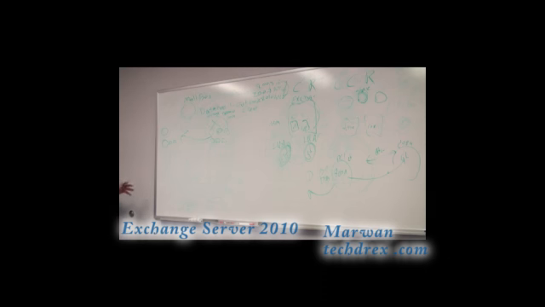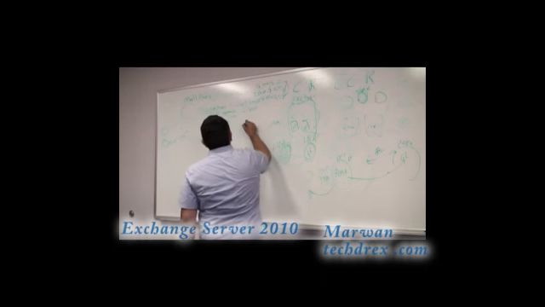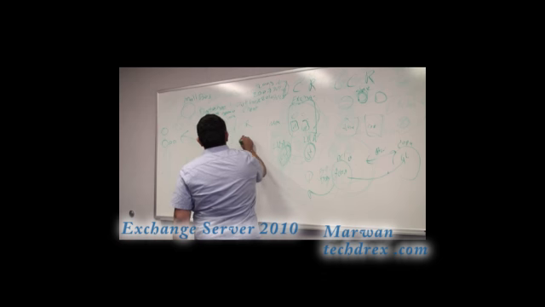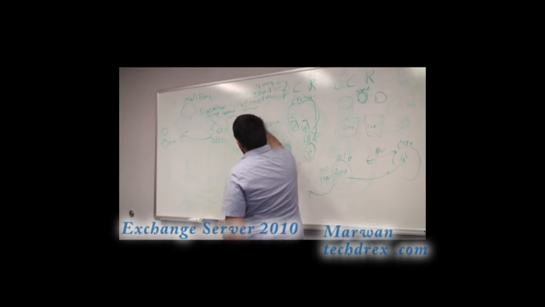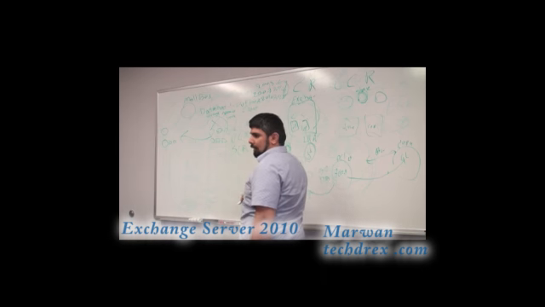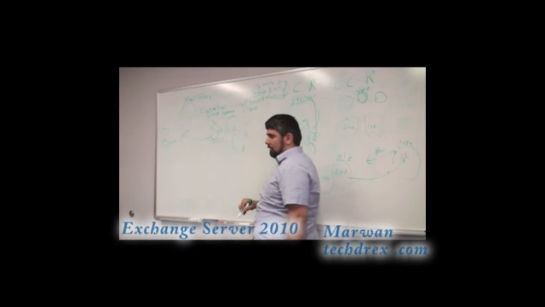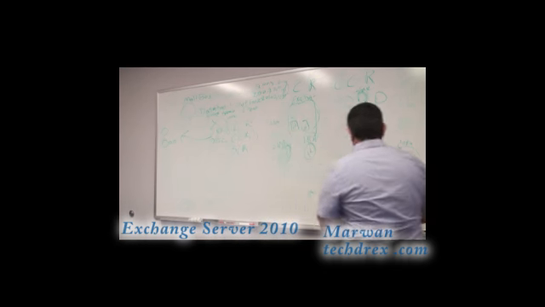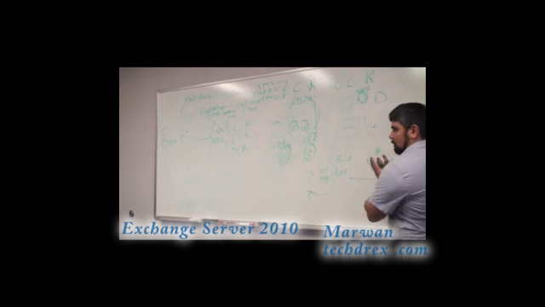The second thing they did, if you remember, we had local continuous replication, cluster continuous replication, and standby continuous replication. And this is no good because there's no clustering in it, so it's really useless. These two need a cluster, and as I said, if you want to change your infrastructure from what you have now, you can't use the same infrastructure.